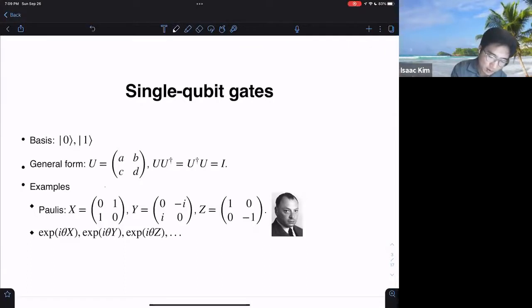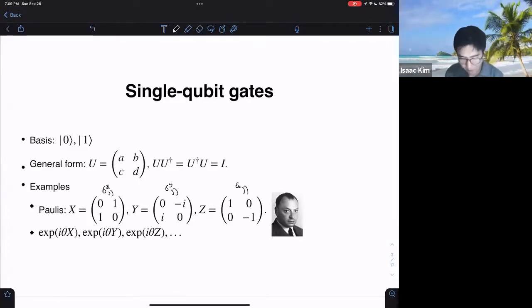You may know these as sigma x, sigma y, and sigma z. They're exactly the same as these, but in quantum computing, they're used very often. So instead of writing down sigmas, they just write everything down as X, Y, and Z.